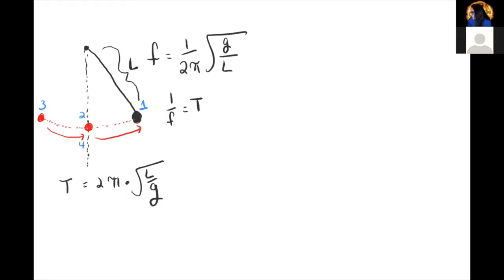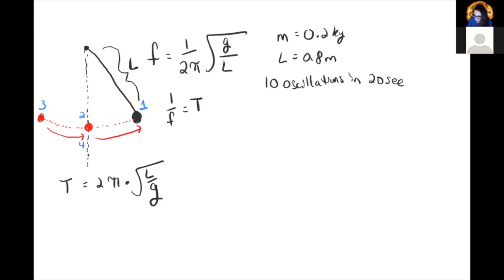They construct a simple pendulum by suspending a mass of 200 grams, or 0.2 kilograms, from a 0.8 meter long string. When the mass is pulled to one side and let go, the mass executes simple harmonic motion. The mass completes 10 oscillations in 20 seconds. What is the surface gravity on this planet?